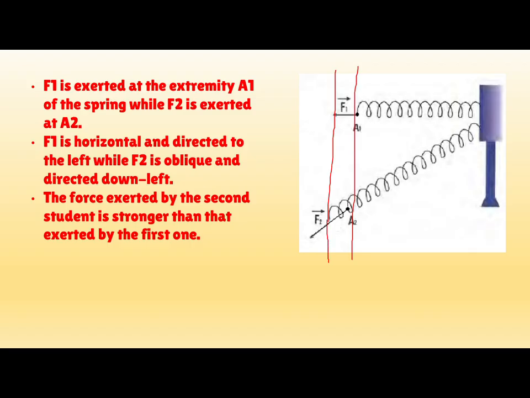So the force exerted by the second student is stronger than that exerted by the first one. The force here is clearly bigger because we have a much larger extension than here.